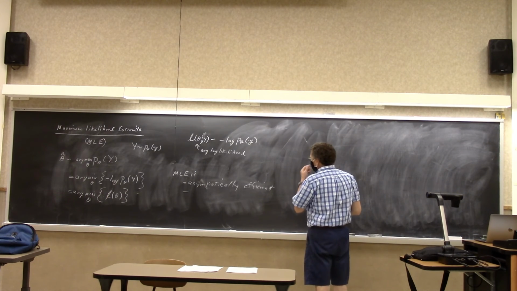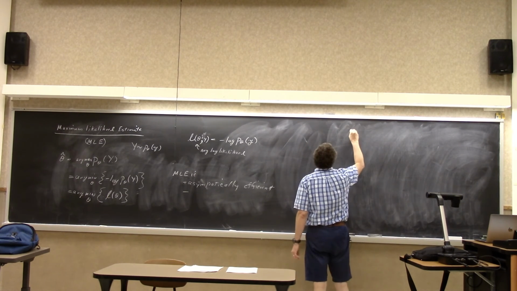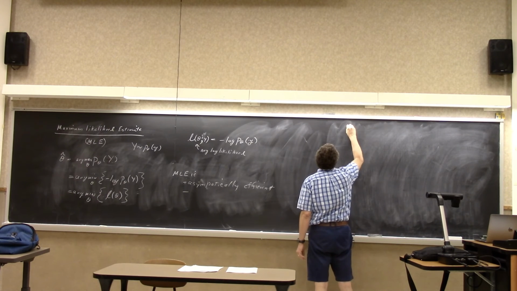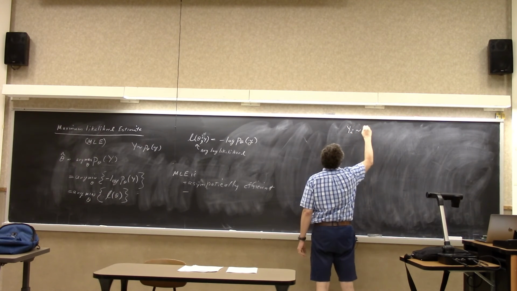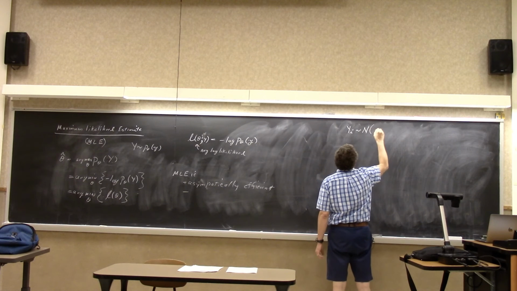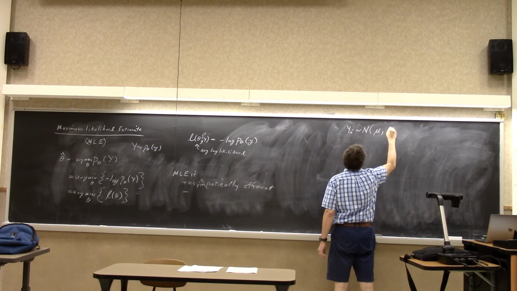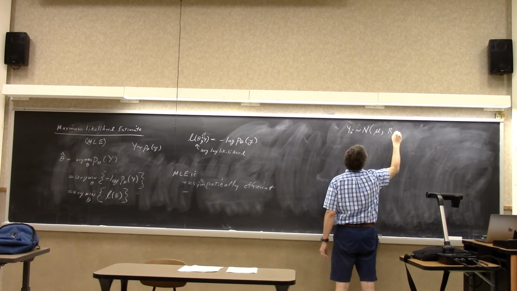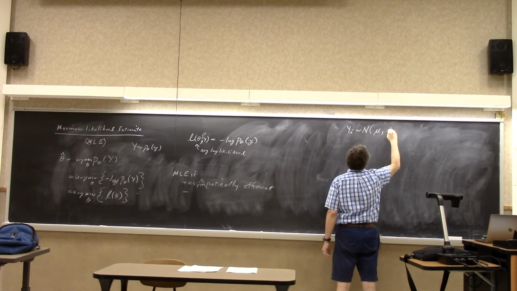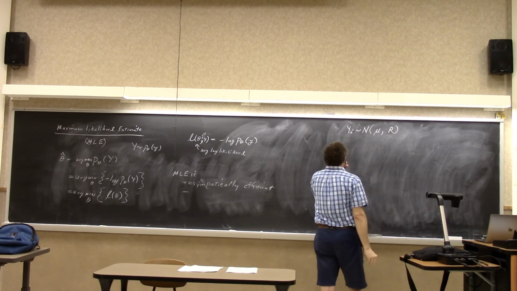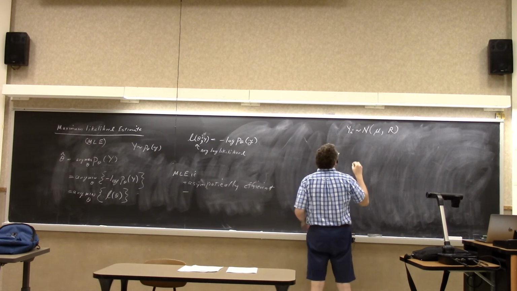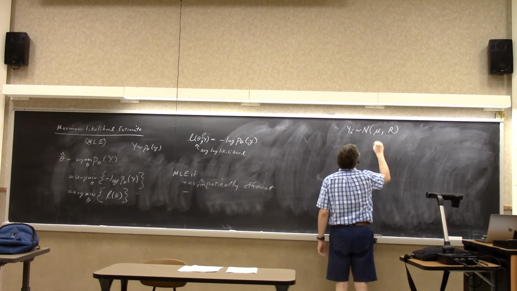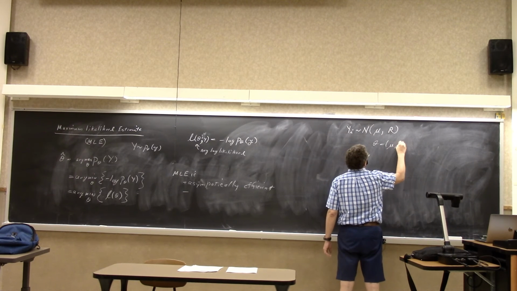So the classic example: if you have yi distributed as N(mu, r), so theta here is mu and r.